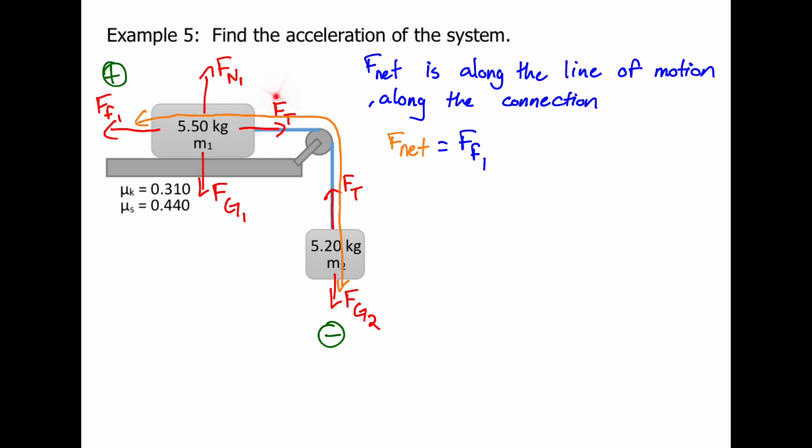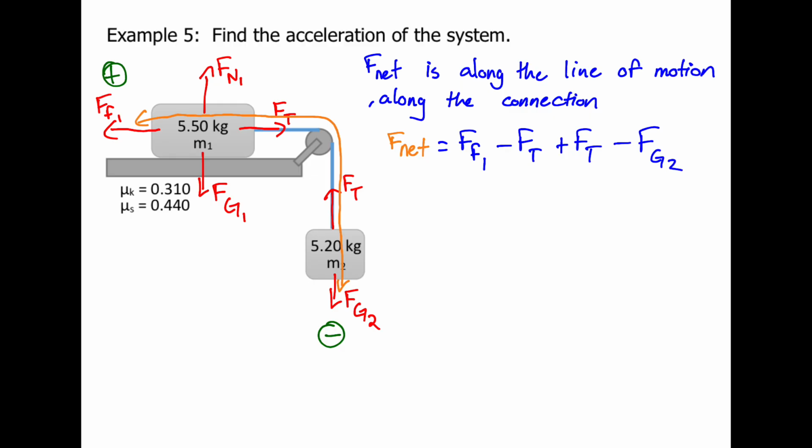Is this a positive or negative force? This is a negative force because it's pointing towards the negative. So this gets put in as negative Ft. The next one here is pointing in the positive direction, so this one will be positive Ft. And then the last one is a negative force of gravity 2. So this is my entire list of forces in this diagram.